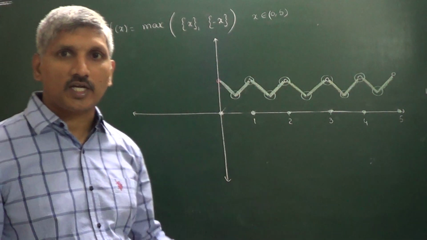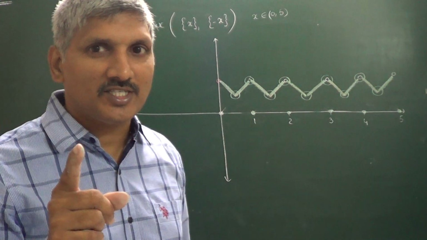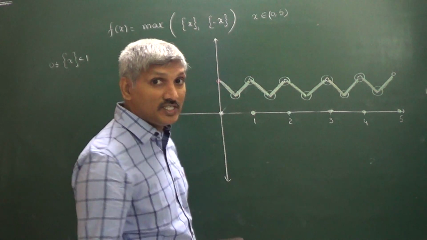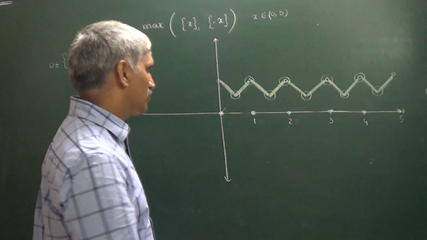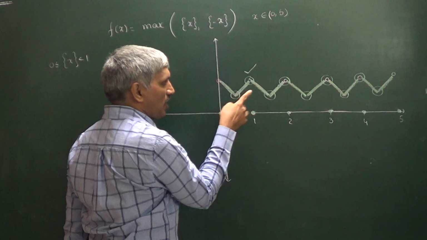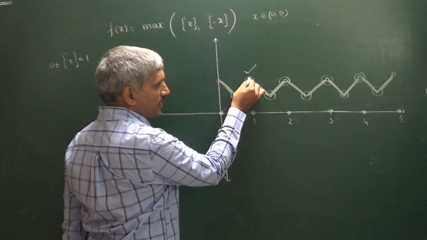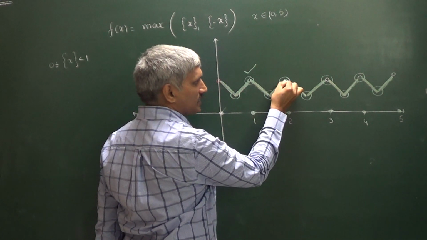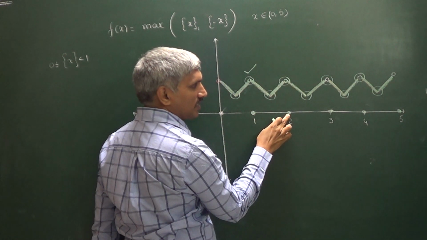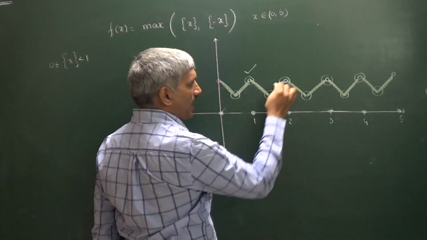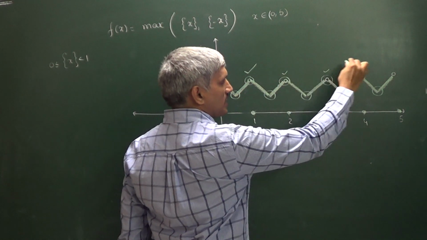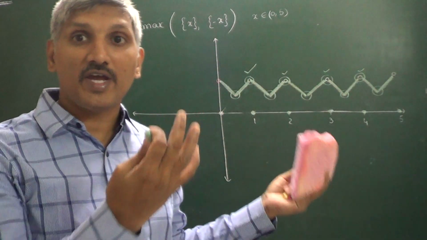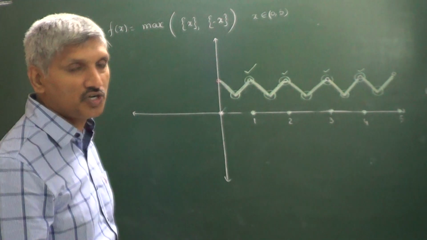At all those circled points the function is not differentiable, but where is the function discontinuous? This is one point, there is a jump, because here this is an empty circle, here a filled circle. Here an empty circle, but here it is a filled circle, right? So at 1, 2, 3, 4 it is enough, because 5 is beyond the boundary for us, open interval 0, 5.